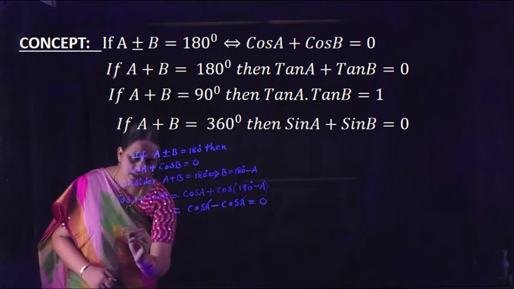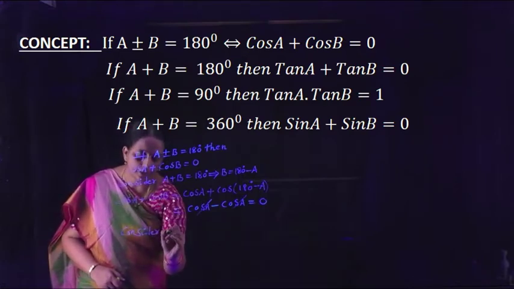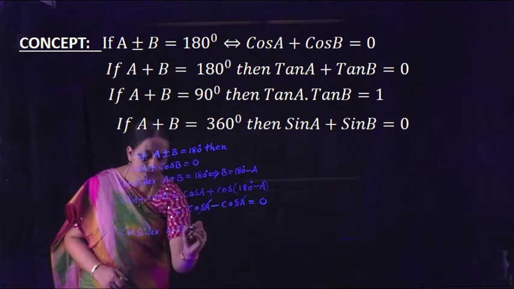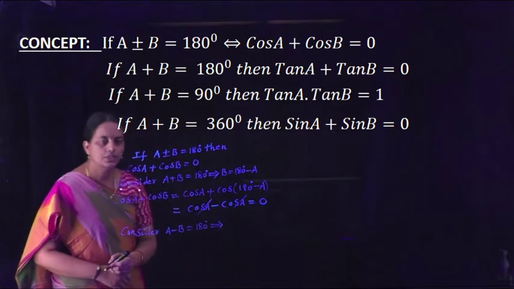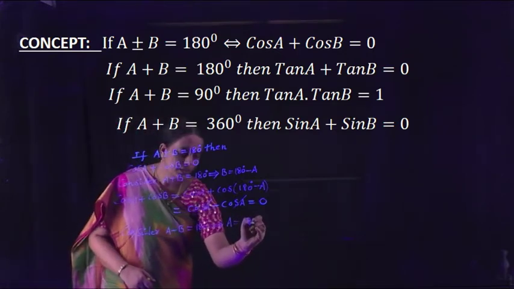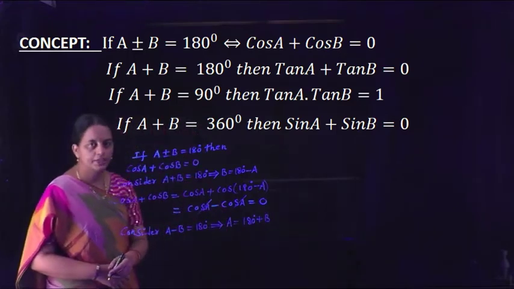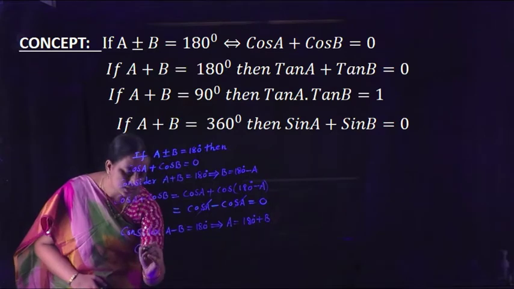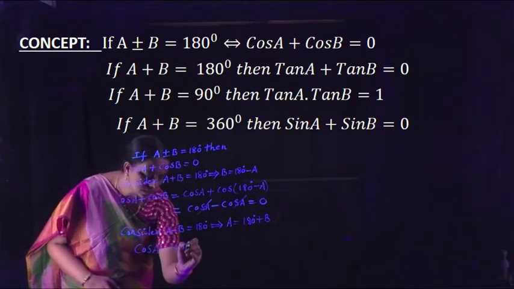Now, consider a minus b equal to 180. From this, we can write a equal to 180 plus b. Consider cos a plus cos b.